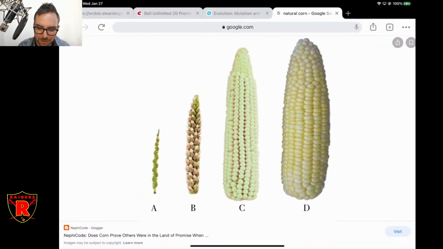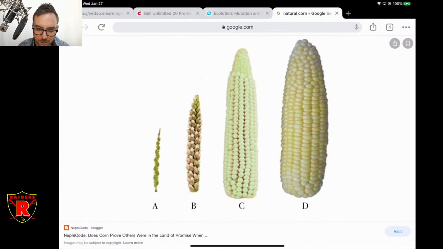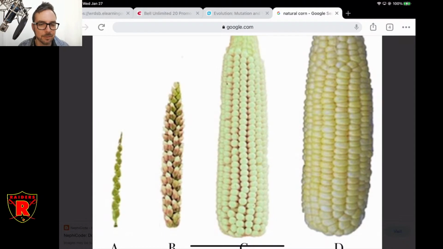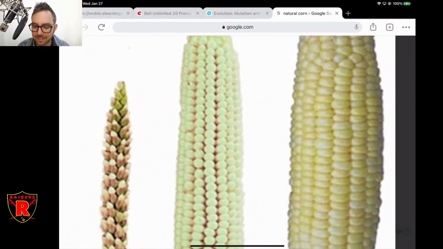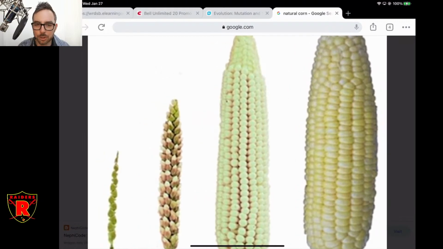Anyway, if we look at different iterations of corn plants here, you'll see over time, as humans have selected for more grains and larger grains and less fiber and more sugar in the grain, and that's just going through and looking at your corn crop and saying, okay, these 10 plants or these 3 plants are better than the rest.